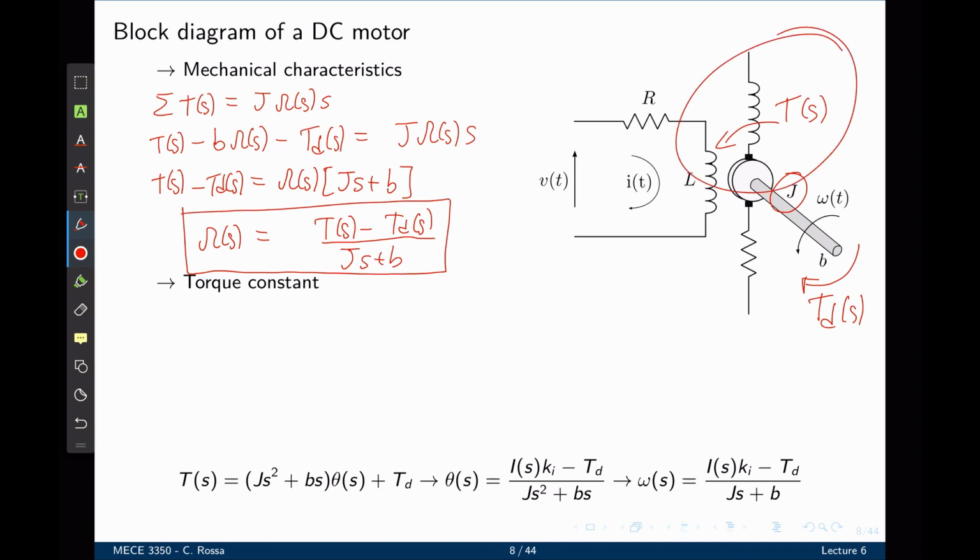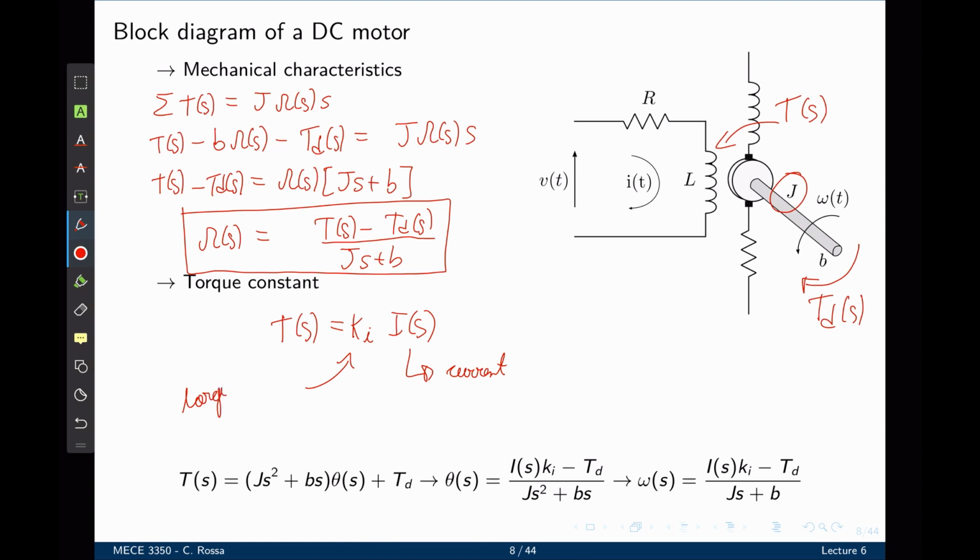Now let's go back to this developed torque. In a DC motor, it turns out that torque is simply proportional to the current. This is the armature current in the motor, and Ki is what we call the torque constant, which depends on the construction of a given DC motor. And this is another expression that we have.